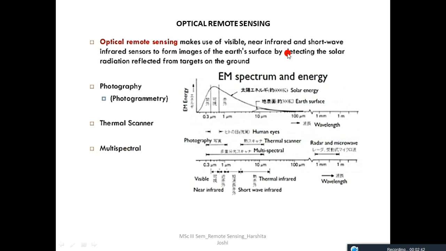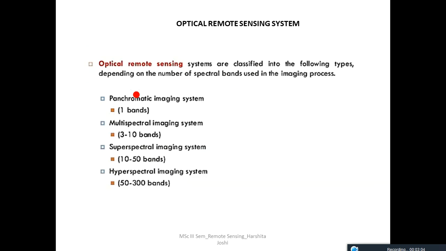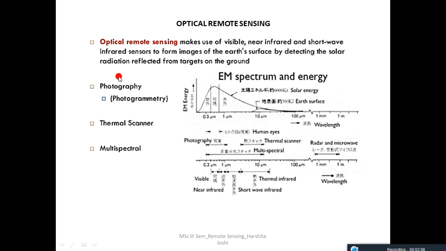Only the infrared and the short wave infrared can be used for thermal scanning, and photography can be done in the 0.4 to 0.7 micrometer range, giving only a monoband, that is, black and white images, in only one band. There we get photographs, not images.